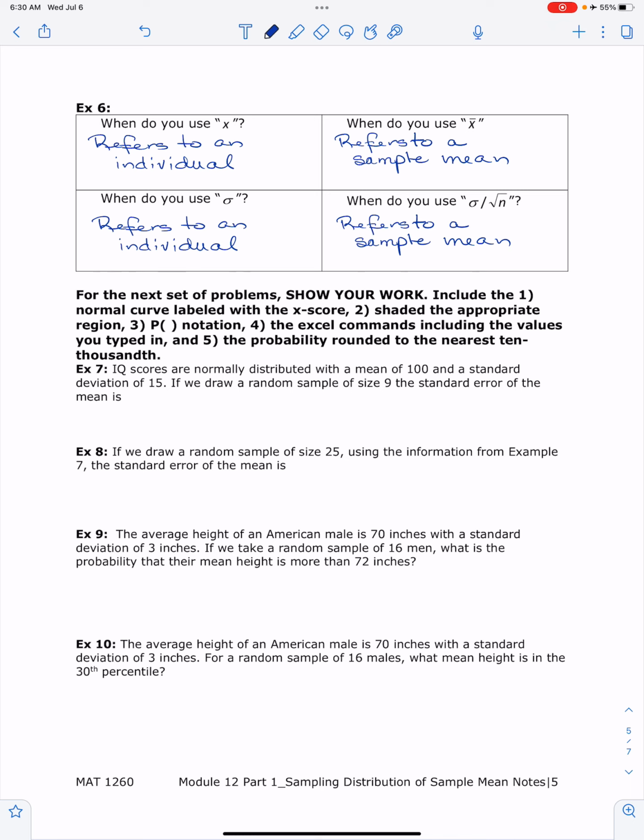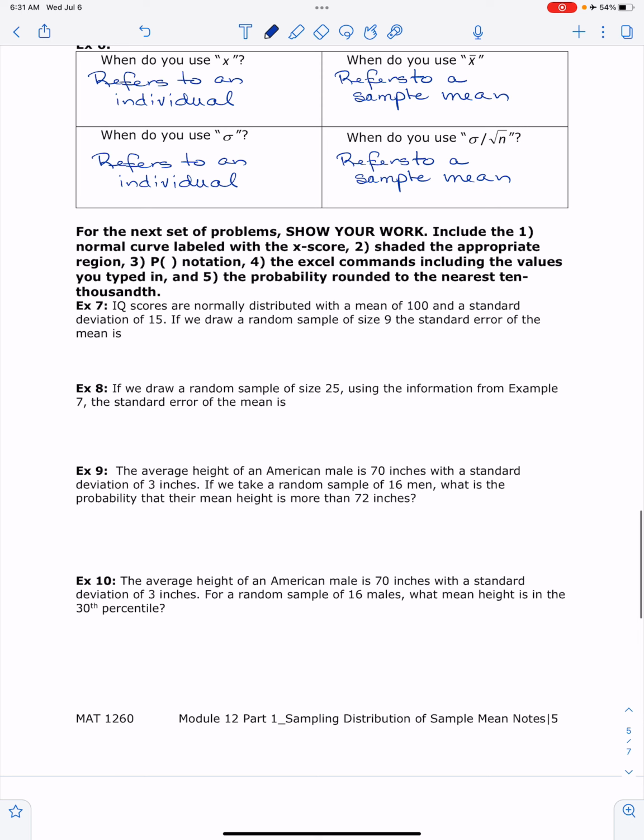We will use that as our standard deviation or standard error, whatever it's called, when we are dealing with a sample mean. Okay, so nice bold type on how we are going to set this up, and I put it at the very top, but we're not going to use this for 7 and 8.